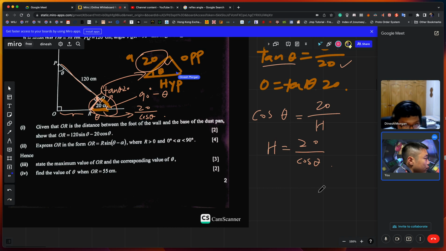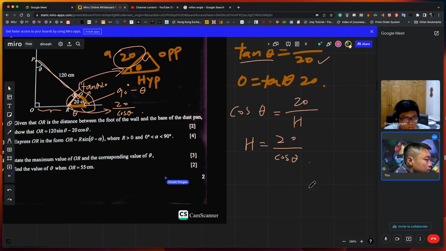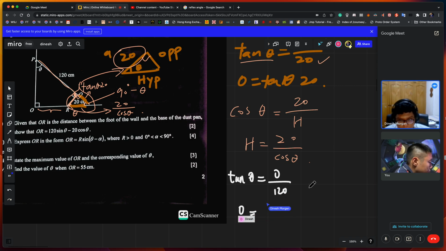So O is equal to 120 tangent theta. Which O are you referring to? This whole thing.